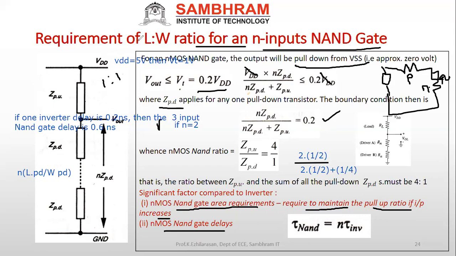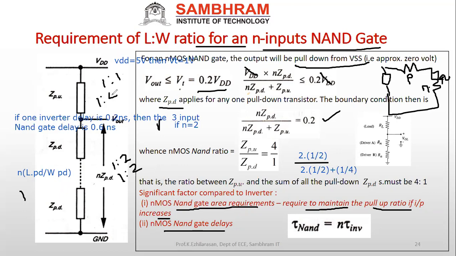That is why I can say if the pull down is 1:2, that is very simple. I can say pull down is 1:2 in the sense of L by W. Then if I have 2 transistors in series, both are 1:2, when I add these two, 1/2 plus 1/2, that will become 1/4. Then your pull up must be 1:4.